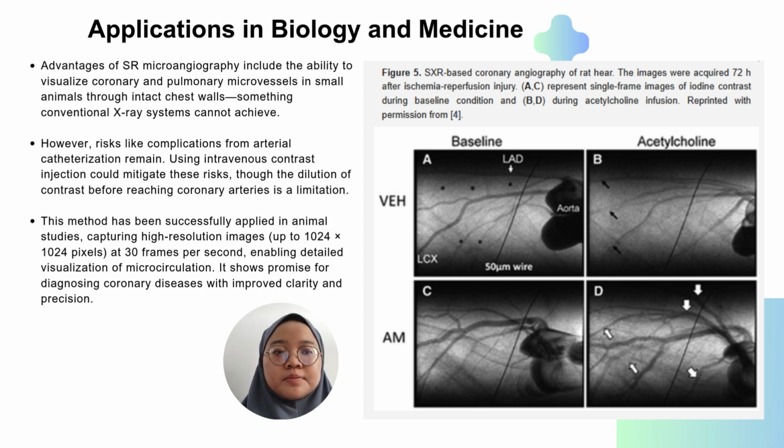This method has been successfully applied in animal studies, capturing high-resolution images at 30 frames per second, which enables detailed visualization of microcirculation. It shows promise for diagnosing coronary disease with improved clarity and precision.